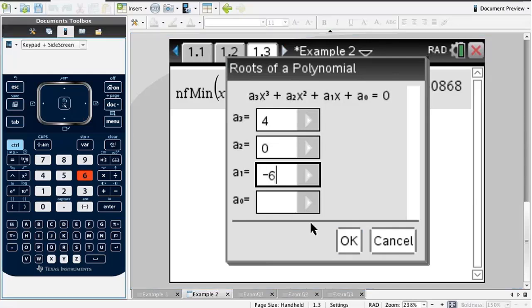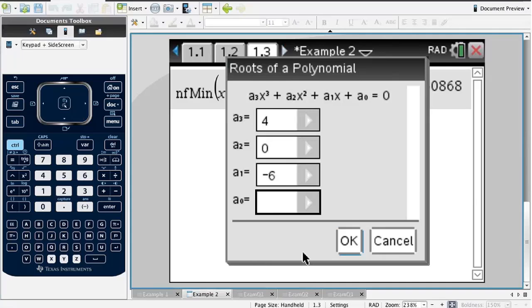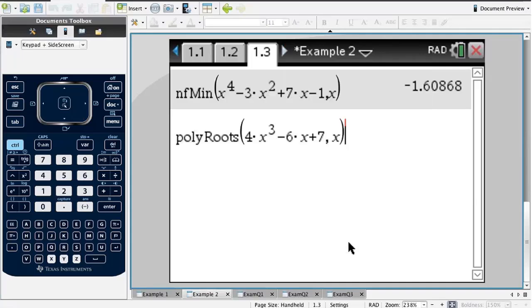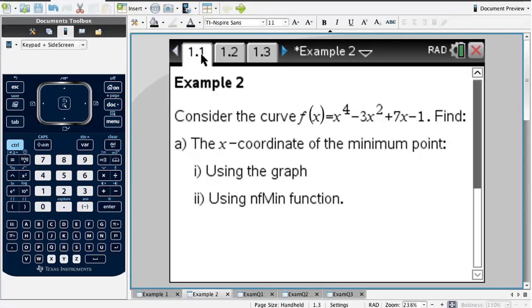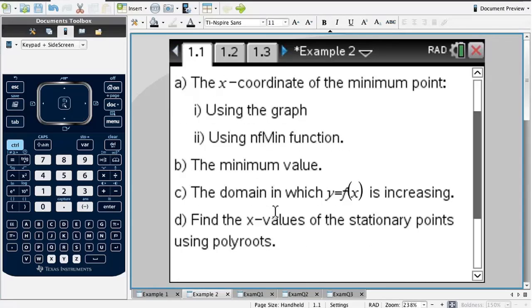And the constant was just 7. Okay, so I want to solve the derivative equals 0. And as you know, for polyroots, we don't need to put equals 0. And again, I get the same x value as with the previous methods. So there's a few different methods of how to find the x coordinate of stationary points.